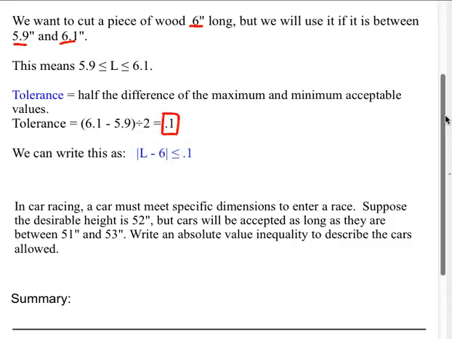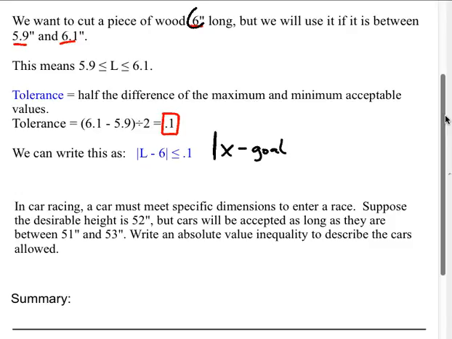So we can write it like this, okay? The absolute value of the length minus 6 needs to be less than or equal to 0.1, okay? Now, the way that I'm going to summarize that for you is x minus your goal.